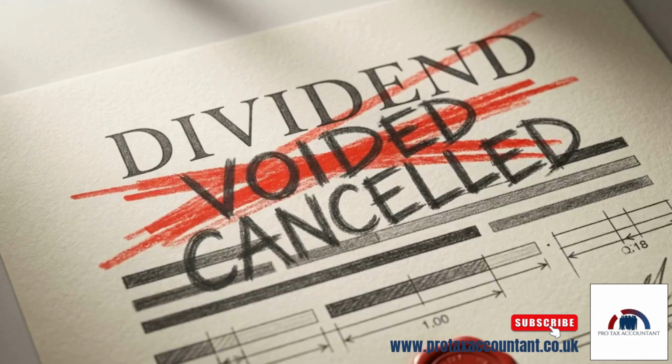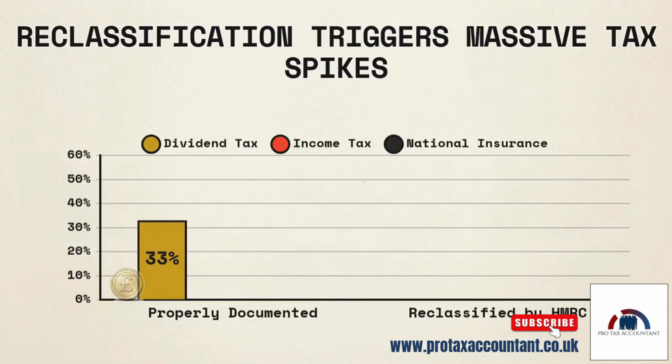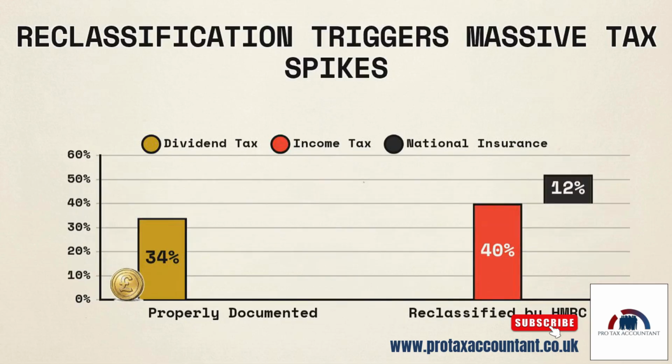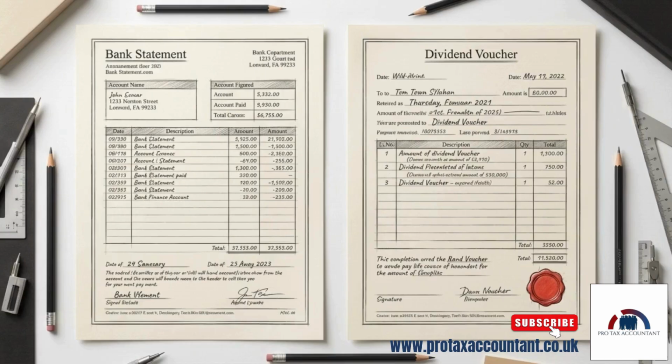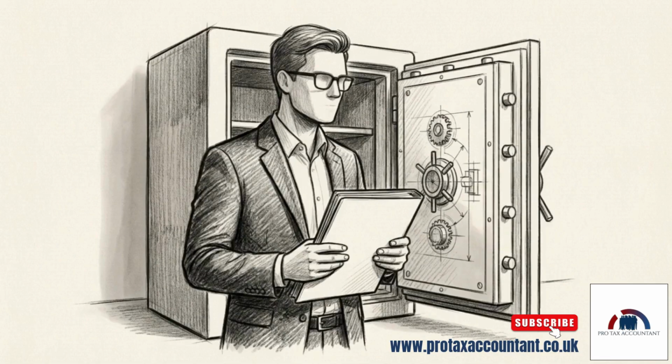If you miss this paperwork and face an audit, HMRC has the authority to reclassify those undocumented withdrawals as standard salary. That triggers drastically higher income tax rates and adds heavy national insurance contributions on top. A dividend is not legally a dividend until the paperwork proves it is. Maintaining perfect corporate hygiene is just as critical to your wealth as the initial tax calculation.